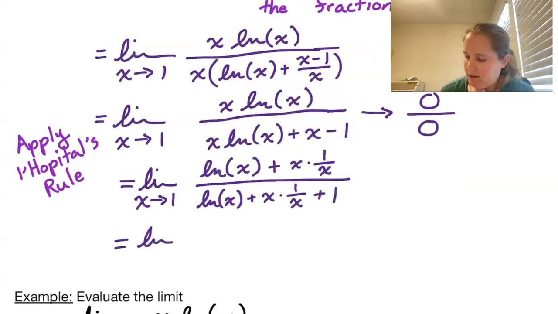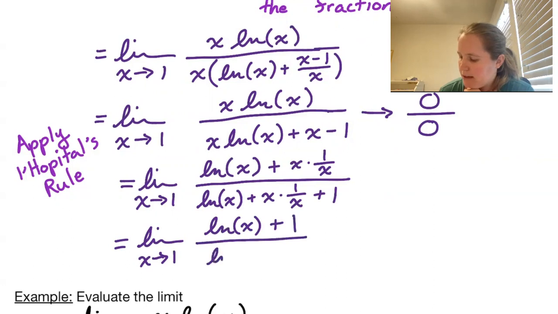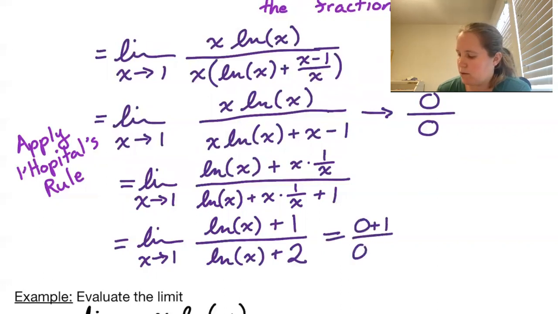Or equivalently, the limit as x approaches 1 of the natural log of x plus 1 over the natural log of x plus 2. And now if we take this limit as x goes to 1, that becomes 0 plus 1 over 0 plus 2, better known as 1/2.